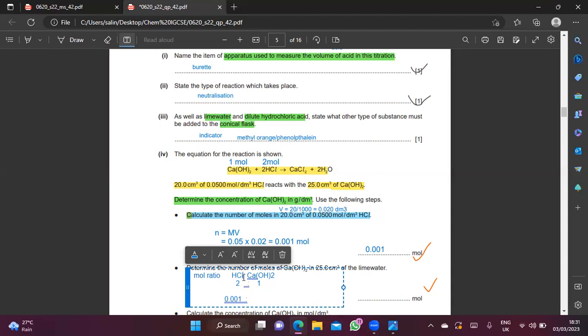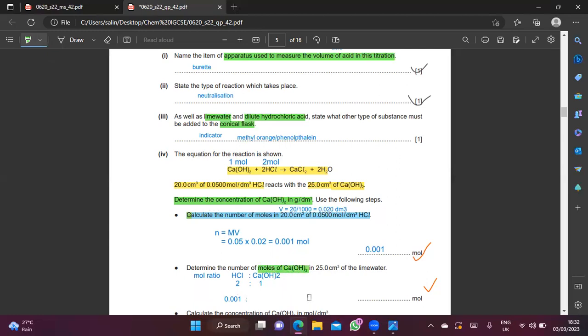Now look at the equation. 2 mole acid reacts with 1 mole of my calcium hydroxide. So the ratio between my acid and my calcium hydroxide is 2:1. Okay, if that is the case, I want to find, determine the number of mole of my calcium hydroxide. This one.